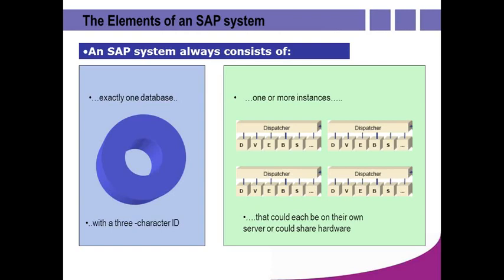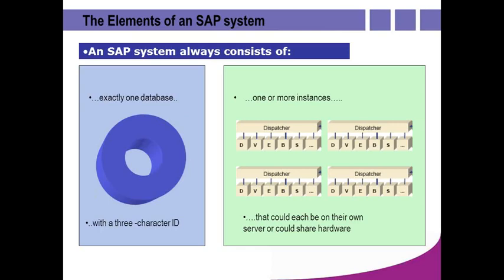Under the entire application layer's SID, we have multiple instances: 00, 01, 02, 03, and so on up to 97. And the database has its own SID, its own name. It is also 3 letters. We will see in tomorrow's class.